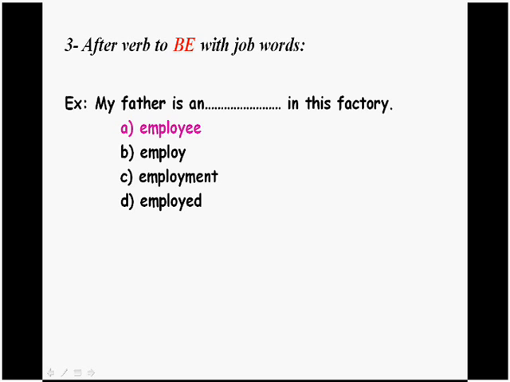It means that he works in this factory. Employee is like teacher, is like worker, is like doctor. So we use noun after verb to be with job words. Is an employee, job word.